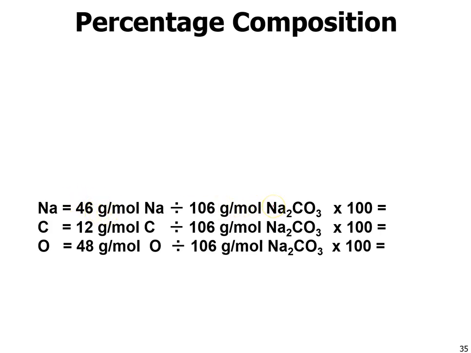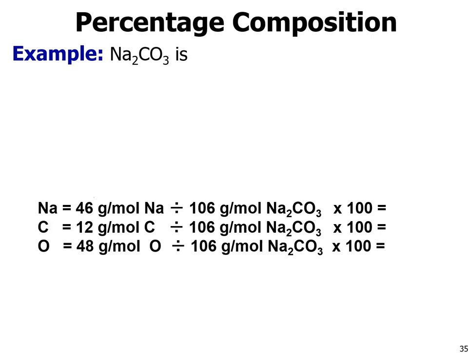And the molecular mass for sodium carbonate is 106 grams per mole. So we will take this value and divide it by the molecular mass for the sodium carbonate multiplied by 100, and then we're going to get our percentages. And so you're basically saying out of every 106 grams, 46 grams of that is sodium.